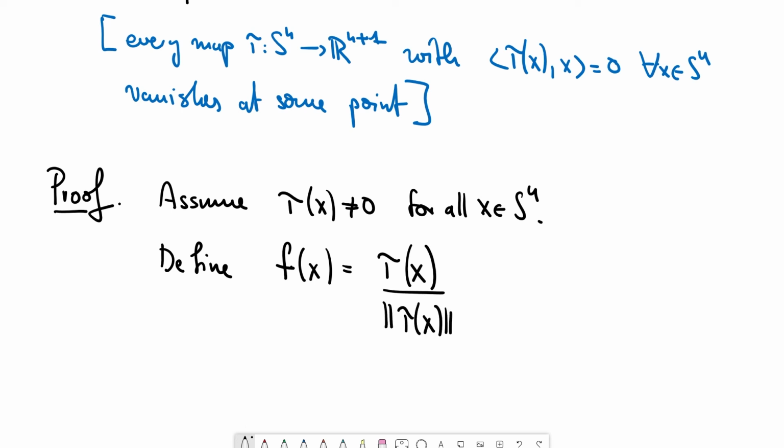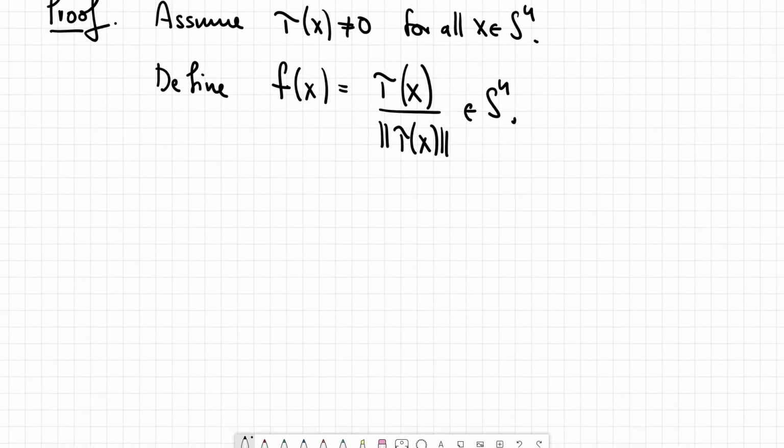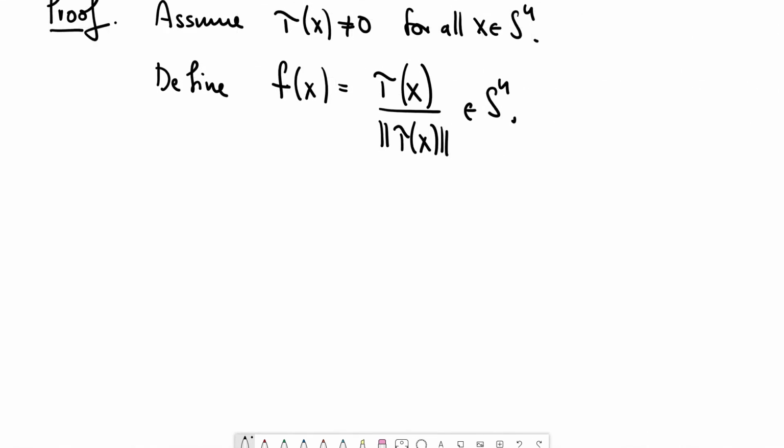Therefore, it lies on Sn. It's a continuous self-map of the sphere. By the previous lemma, we know that there is a point where F x is either x or minus x. Let's call it x0.